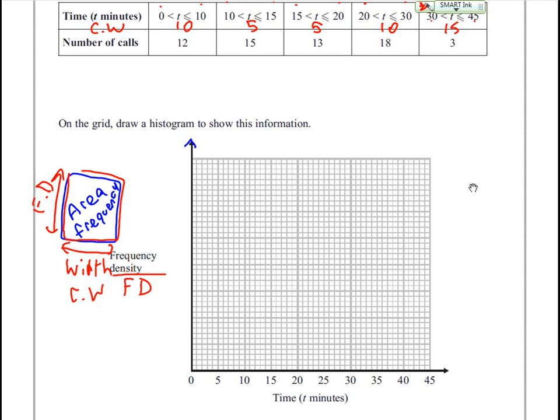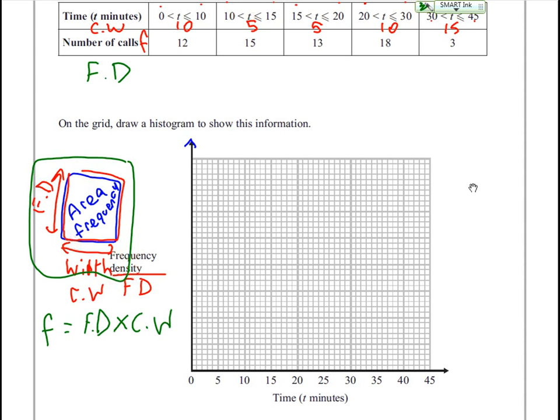Now you need to think about, we know the frequency of calls, f, and we want to know the frequency density. If you look at this diagram that I've done, it shows that frequency, the area, equals frequency density times by the class width.